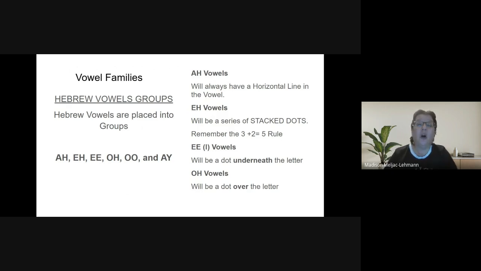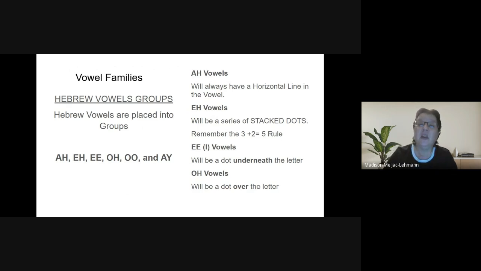So for instance, if you have a vowel and it has a horizontal line in it, whether it has a horizontal line like this, the T shape, which is kamatz, or it has a patach, or as I do, if it has the two dots, this is my signal for hataf patach. It doesn't matter. If it's an A vowel, it has a horizontal line in it. So if you see that horizontal line and you give me any A sound, chances are you are going to be 95% there.